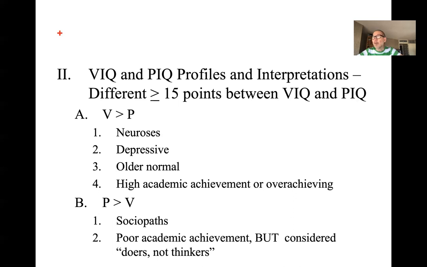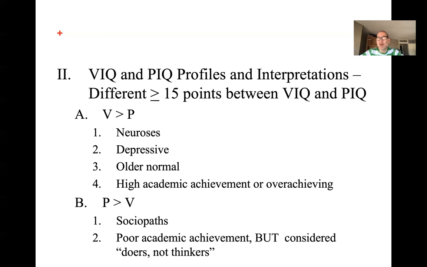Now, if performance is significantly higher than verbal, clearly the visual spatial abilities are stronger than their verbal abilities, and you might want to think about what implications that has in light of their prior educational and work experiences. Some literature seems to suggest that sociopaths tend to have higher performance versus verbal abilities, but it doesn't work the other way around.